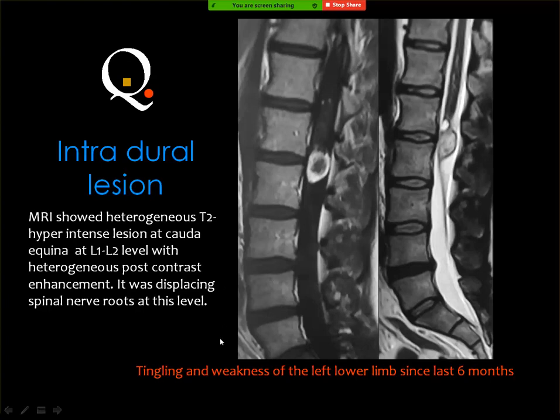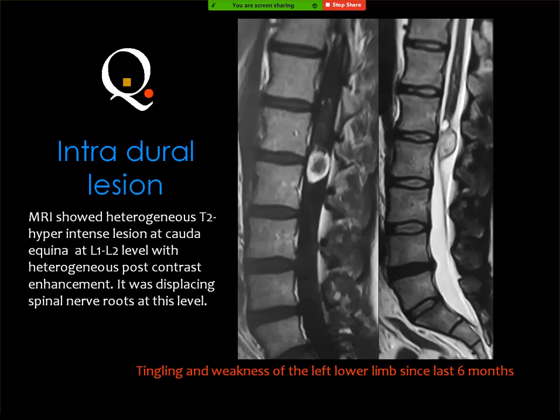One of the important issues to be taken into consideration: if you see a cystic lesion inside the dura, this may be one of three, as I have mentioned. It's either an epidermoid cyst, or arachnoid cyst, or a cystic schwannoma.